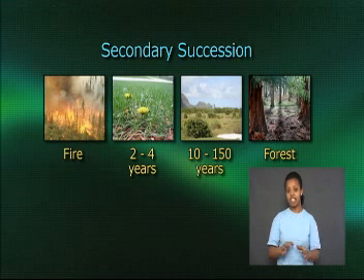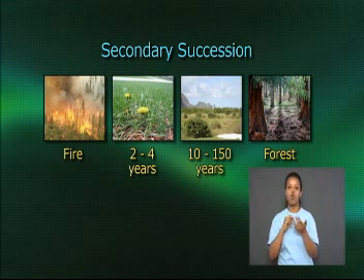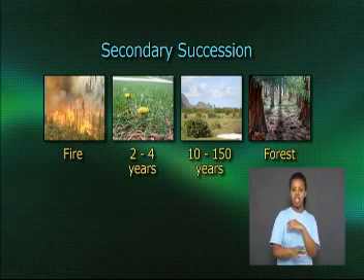Secondary succession happens after the initial succession has been disrupted and some plants and animals still exist. It typically occurs faster because the soil is already present and there is no need for pioneer plants. Also, seeds and roots of plants may still exist in the soil.